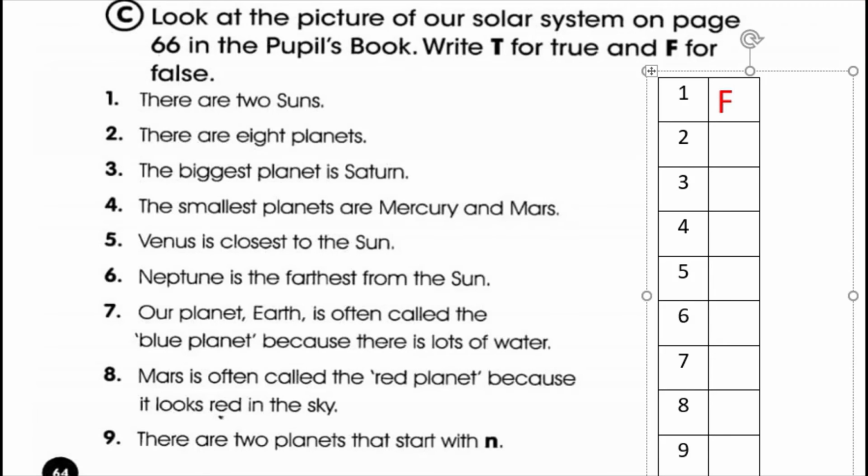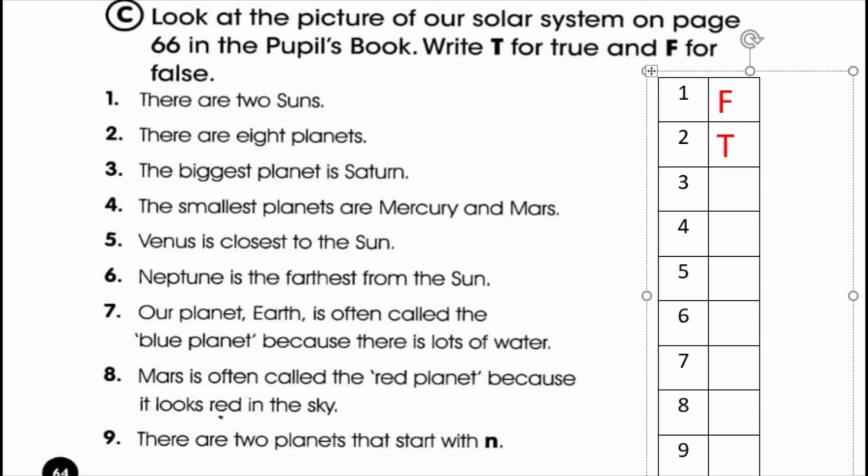There is only one sun. The second one, there are 8 planets. That's correct. We have only 8 planets in our solar system. So I put T. Third one, the biggest planet is Saturn. Is that correct? I don't think so. The biggest planet was Jupiter.